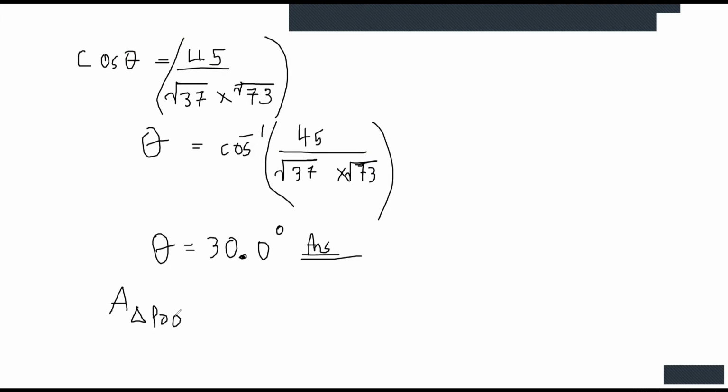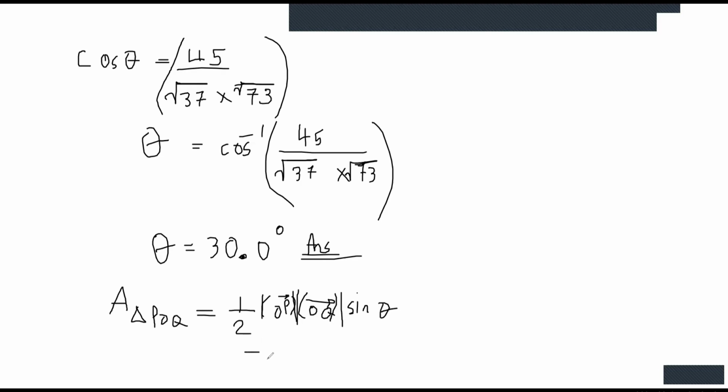Area of triangle POQ is equal to a half of OP times the magnitude of OQ. I put brackets when I should have put modulus, because that's the length of the vector, times the sine of theta.